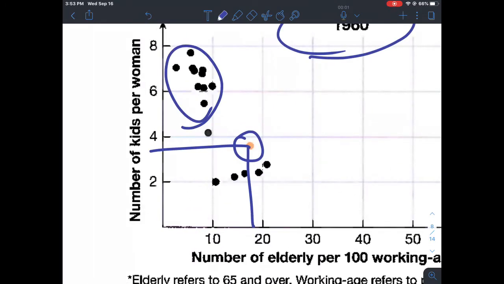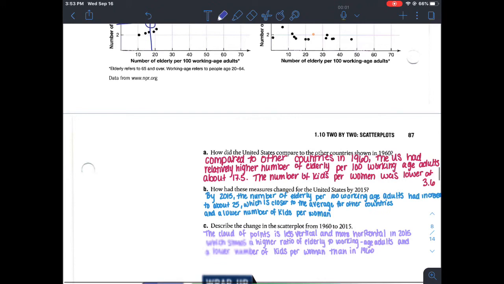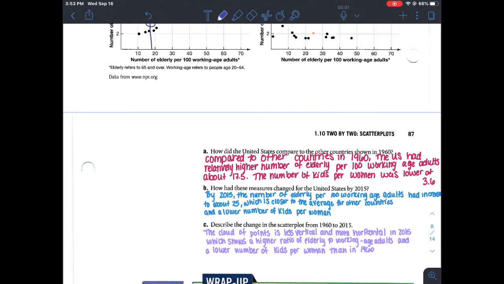Most other countries, I would say, are scattered up here. They have less elderly people and more children per women. So we had more children and less elderly people, okay? That's kind of what I wrote there with a little bit more specific on the numbers.